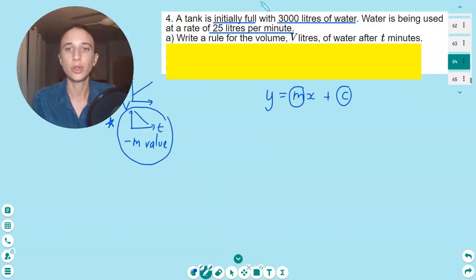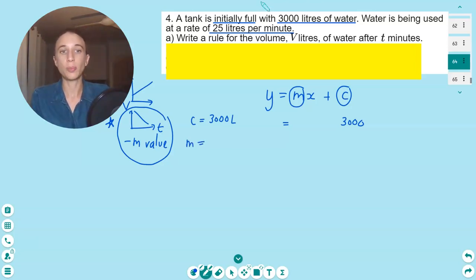Initially full. So I'm going to write that over here. C equals 3,000. Okay, and I can put that straight in here. Water is being used at a rate of 25 liters per minute. Now remember, I said it would be a negative M value, so be careful.